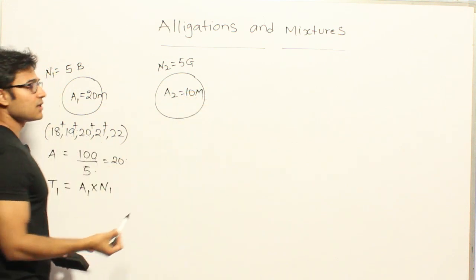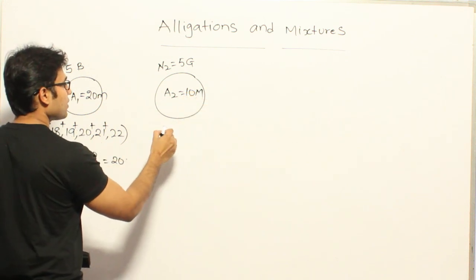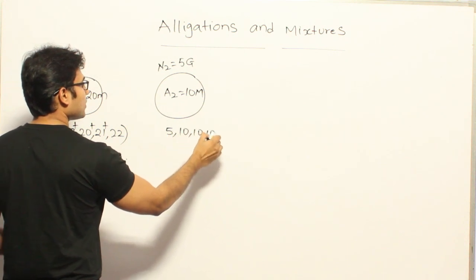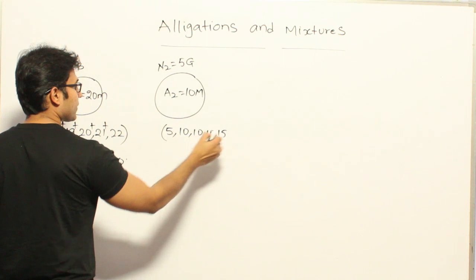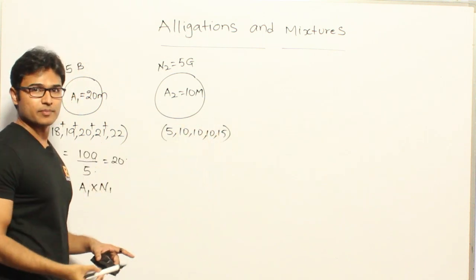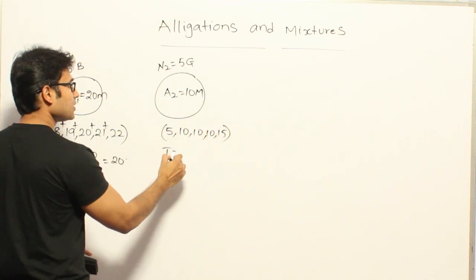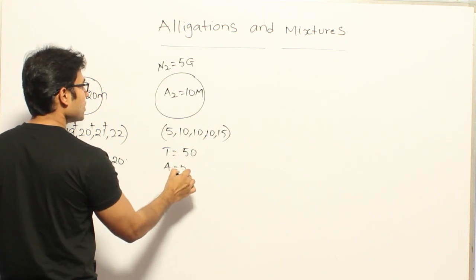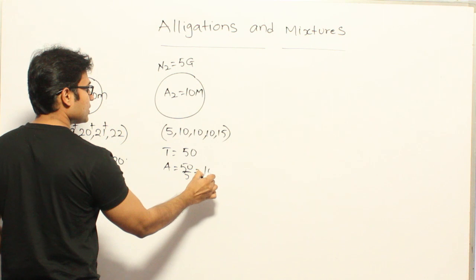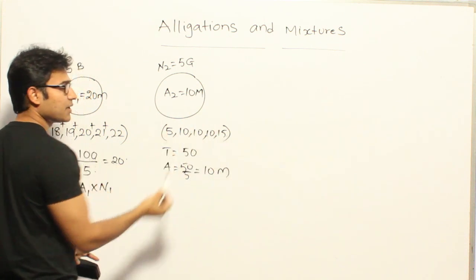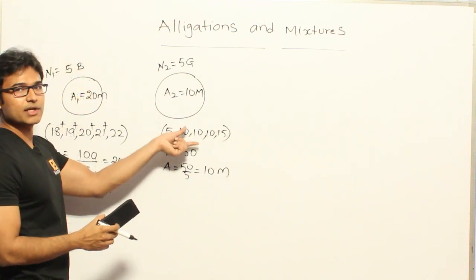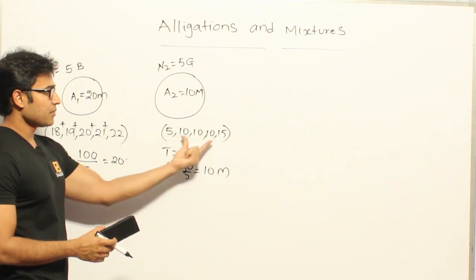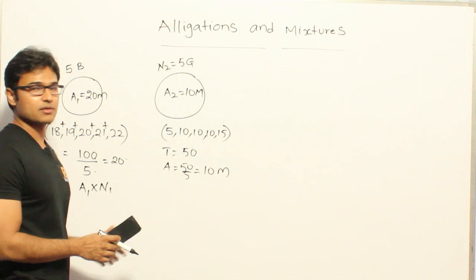Let us say the distribution of the marks is 5, 10, 10, 10, 15. If you add them all up, you get a total of 50, and the average is 50 by 5, which is 10 marks. I'm just taking an example. It need not be exactly this, it can be any other distribution, but I just wanted to show you that average is nothing but total by number.